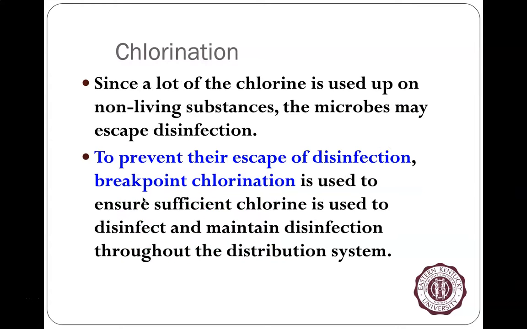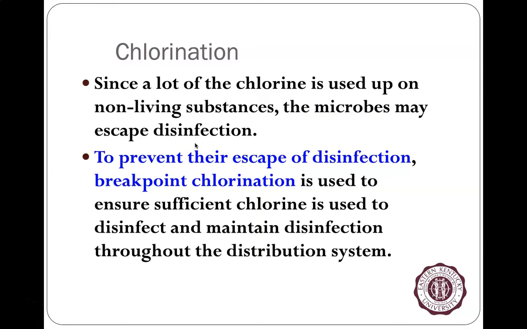So chlorination requires us to add a lot, and the amount we might have to add is dependent upon how much is in there, both non-living and the microbes. If we've got a lot of non-living substances in the water, we would need more chlorine to prevent the microbes from escaping disinfection.